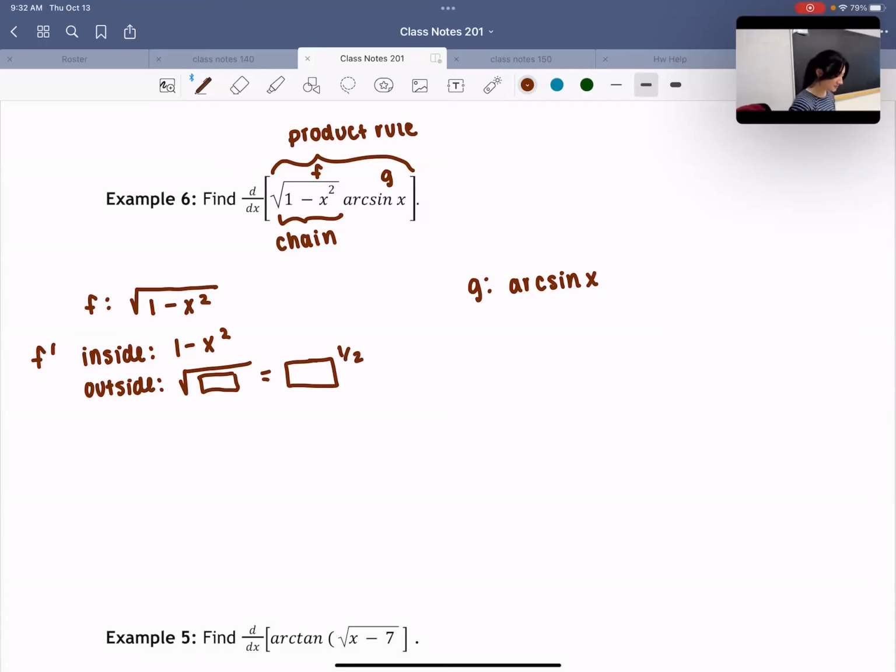Okay, so when I find the derivative of f, I need to do the derivative of the outside first, right? And what's the derivative of the outside? Perfect. And then I'm going to multiply that by the derivative of the inside. And what is that derivative?